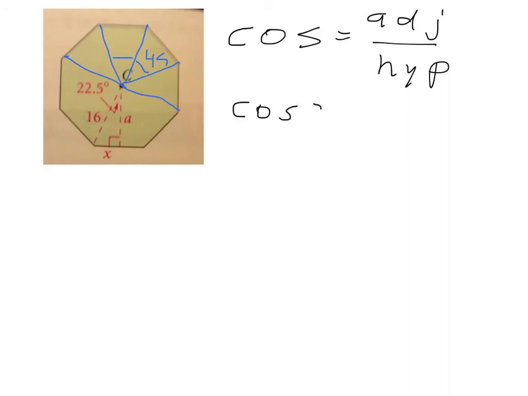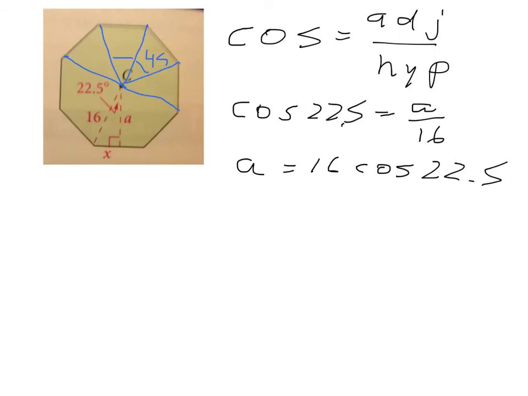Hopefully you remember that cosine equals adjacent over hypotenuse. So cosine of 22.5 equals the adjacent side, which is little a, over the hypotenuse, which is 16. So the apothem equals 16 times the cosine of 22.5.